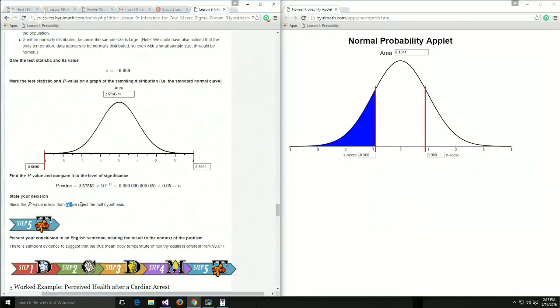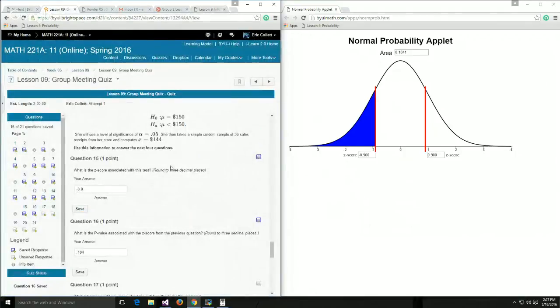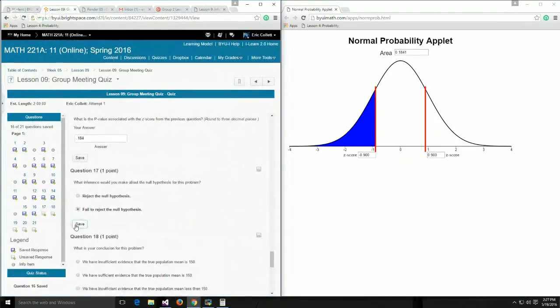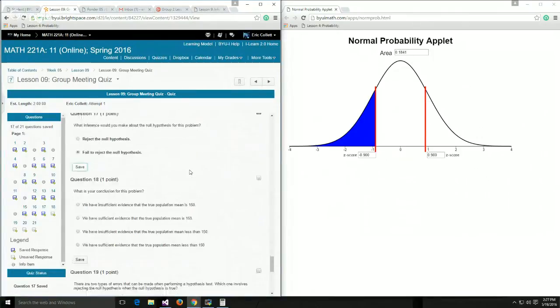So our p-value is still greater than the level of significance, right? Yeah, so we can't reject it yet. So I think we fail to reject still.